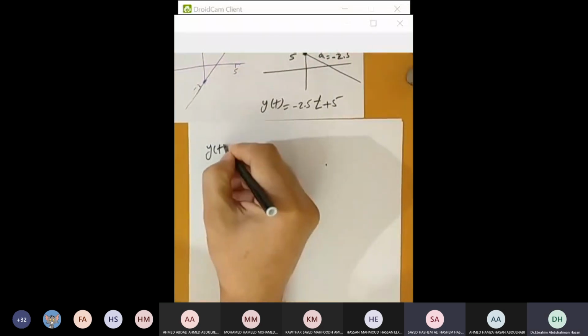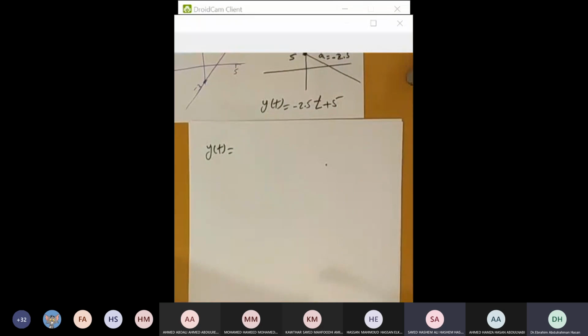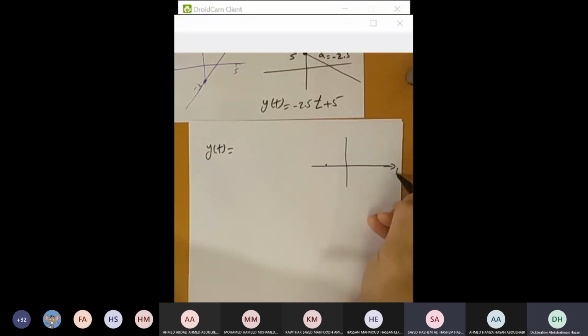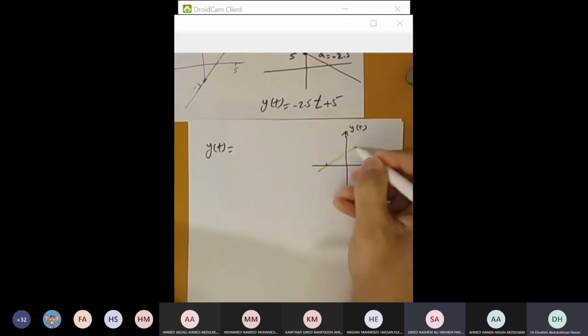So y of t equal to, note now, this is t, this is y of t, and what do we have? We have this one.